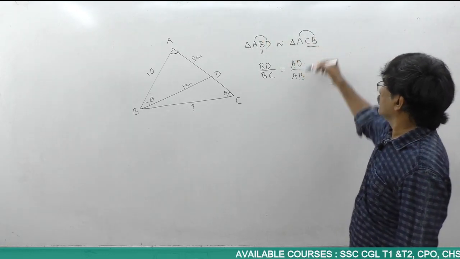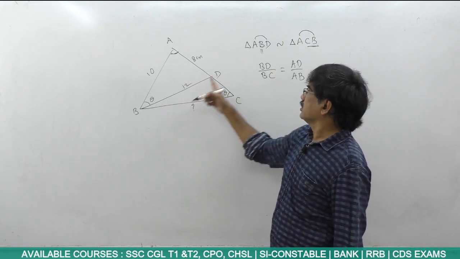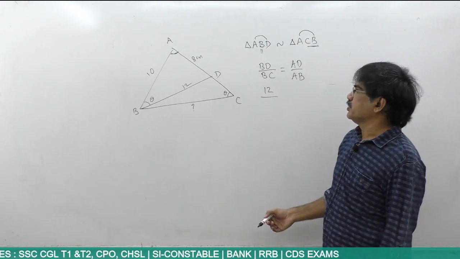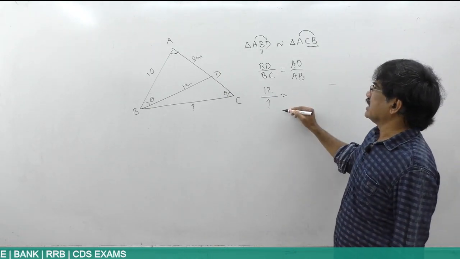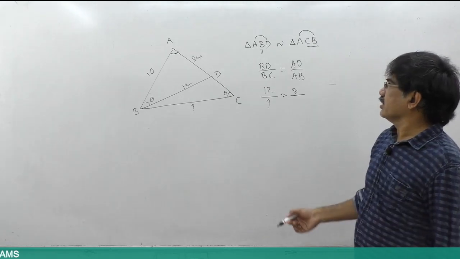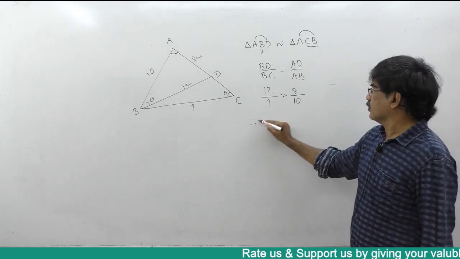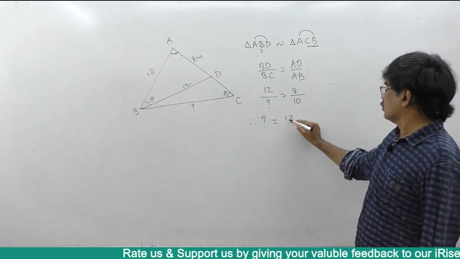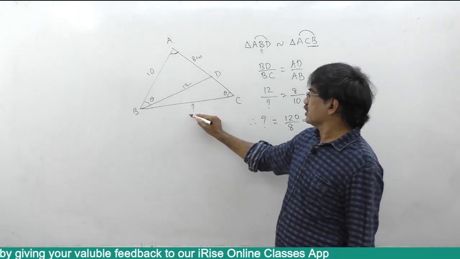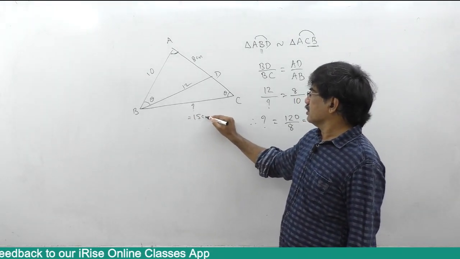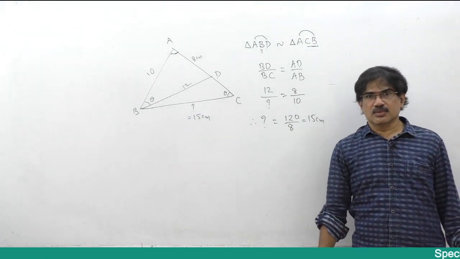What is BD? 12 by BC, not known, question mark, equals AD 8 centimeters by AB 10 centimeters. Therefore, question mark is equal to 120 by 8, which is equal to 15 centimeters. This is 15 centimeters. This is a question based on similar triangles.